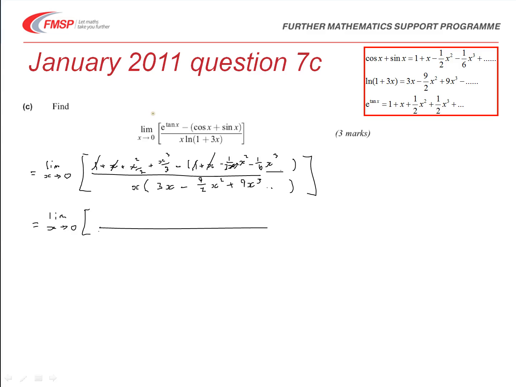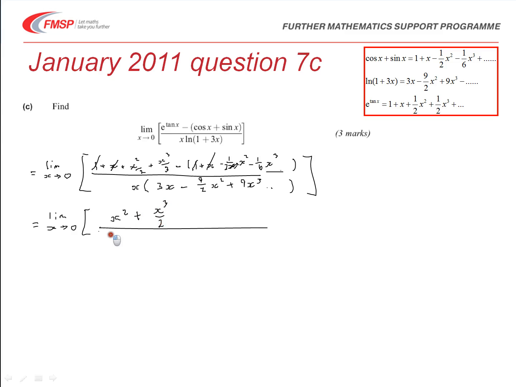Well, we're left with a half of x squared minus another half of x squared, so that leaves us with a whole x squared, and then we've got a third of x cubed plus a sixth, which is a half of x cubed.